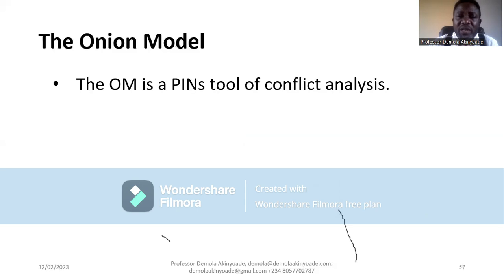We do recall that we say that we can only resolve conflict if we are able to identify the needs and interests of the parties. So the onion model is one of the PIN tools of conflict analysis. P for position, I for interest, N for needs.